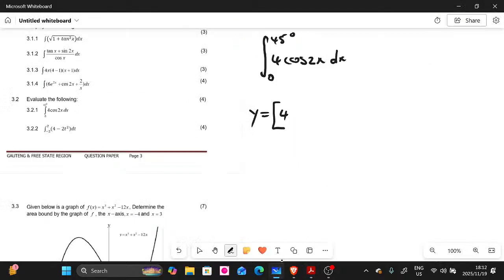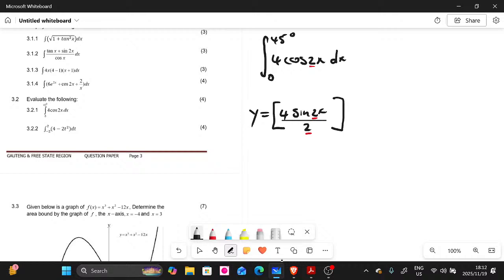But this cos has the coefficient of x, which is 2. So we want to write sine 2x divided by 2, because we are integrating, guys. Whenever you integrate, you divide by the 2. People forget this. Do not forget this. And then that's it for now.